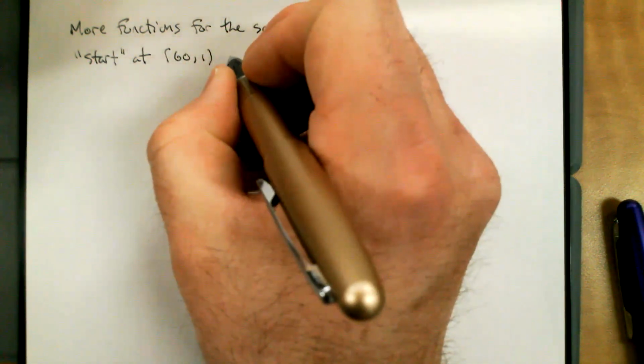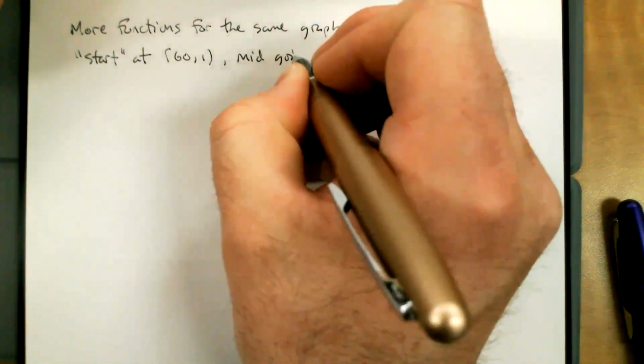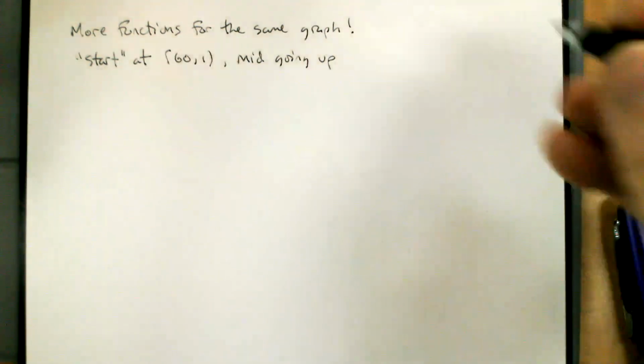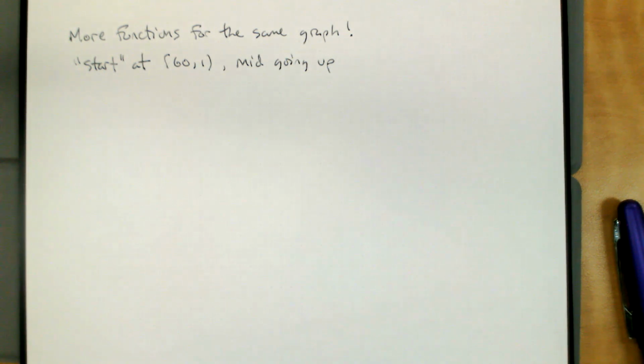And it's the middle going up. Let's consider 60, 1 to be our start. We'll note that it's the middle going up.